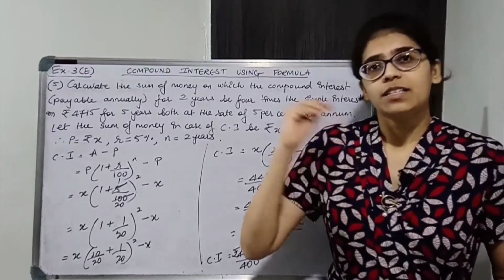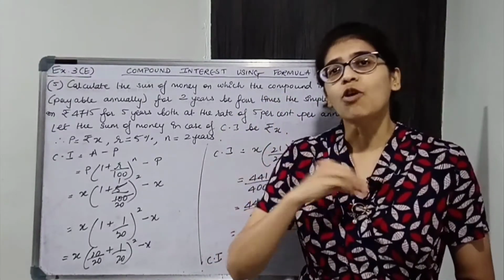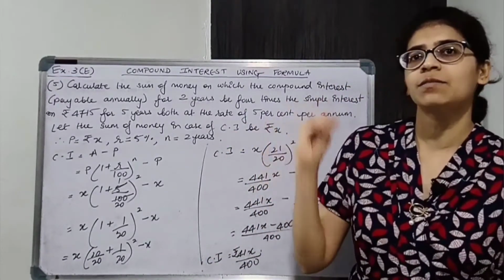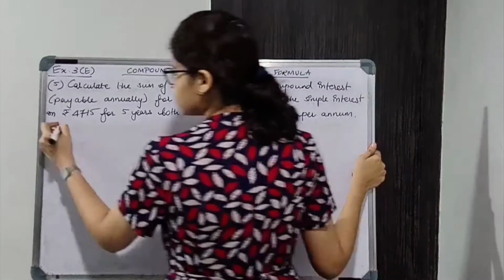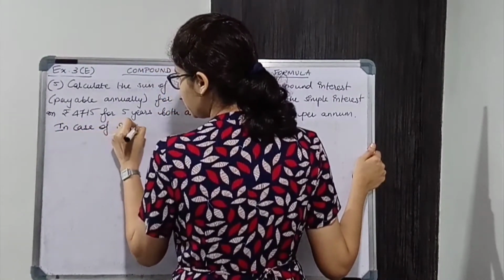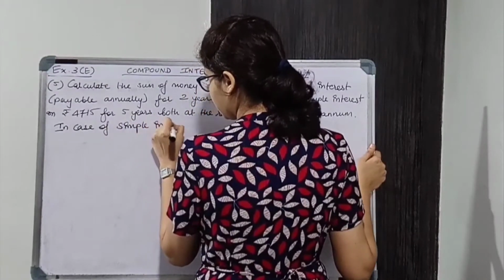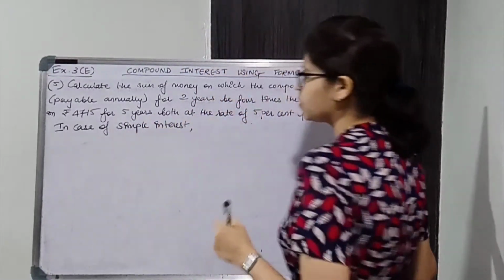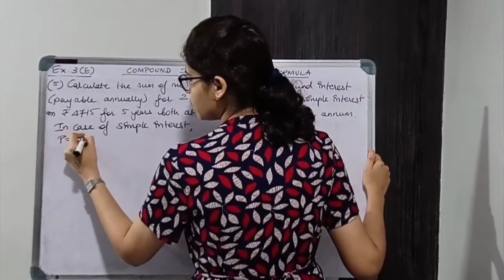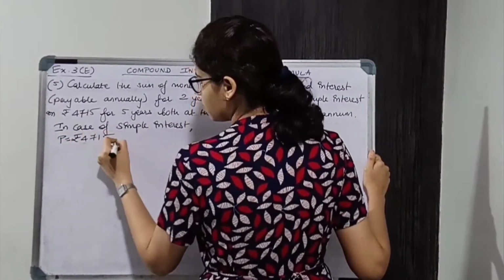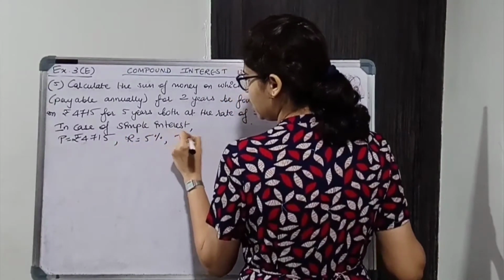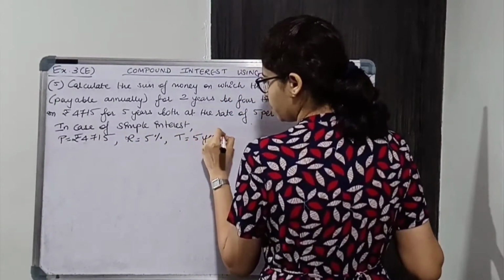Now we'll calculate simple interest. For simple interest we have all the information. We'll find simple interest and then we'll relate simple interest and compound interest. Now in case of simple interest, principal is 4715, R is 5% and T is 5 years.